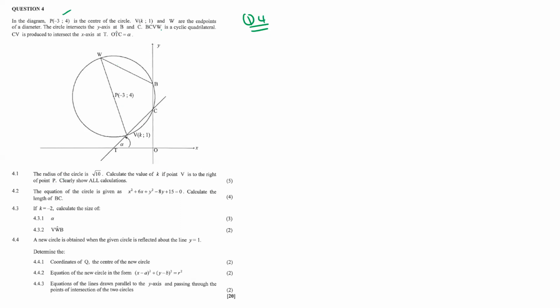V has coordinates k and 1, and W are the endpoints of a diameter. The circle intercepts the y-axis at B and C. BCVW is a cyclic quad. CV is produced to intersect the x-axis at T.